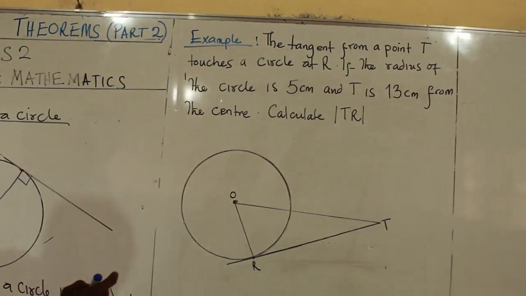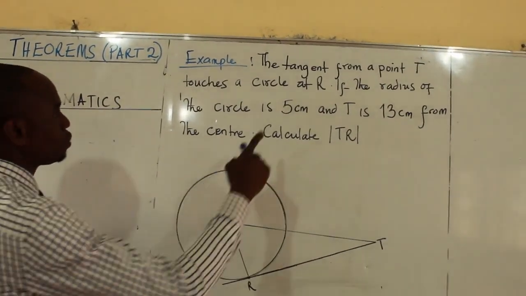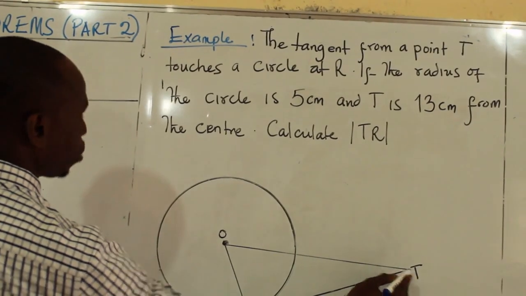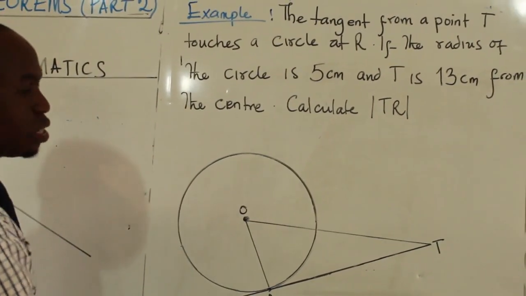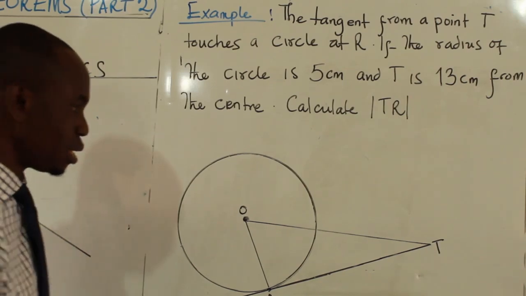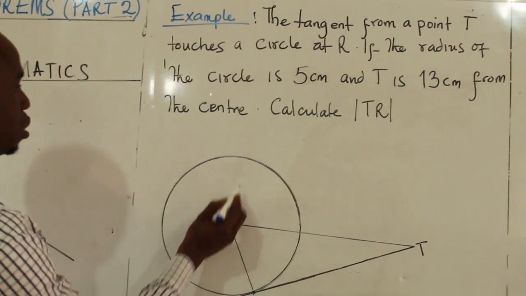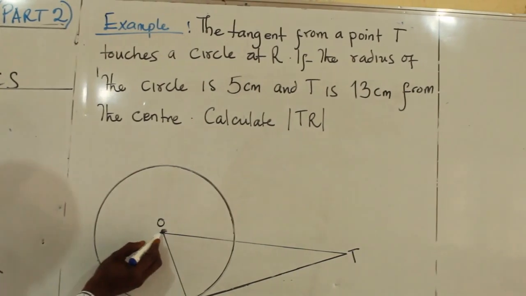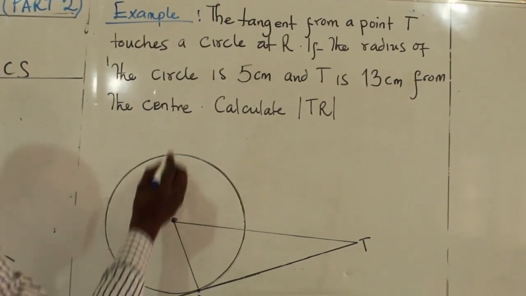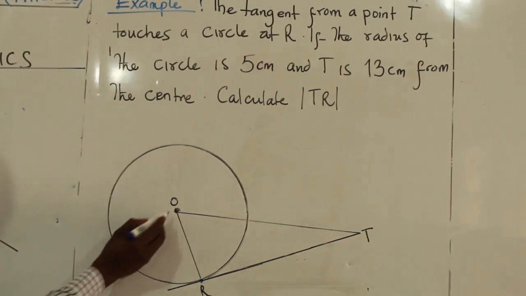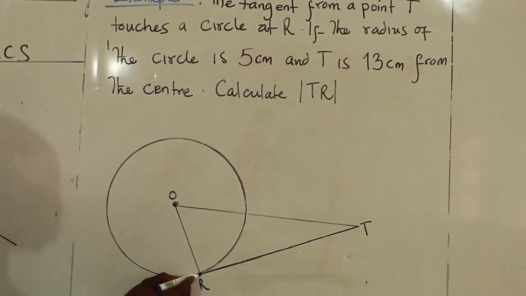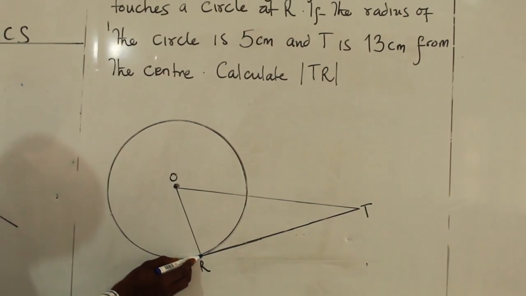Now, the question says that the tangent from a point T touches the circle at R, if the radius of the circle is 5 centimeters. Yes, I could have drawn this radius from here to this point, or from here to this point. But for the sake of this perpendicular property, I drew it down to the point where it touches the tangent.